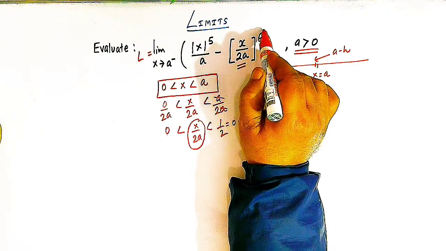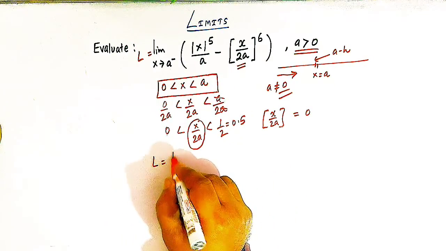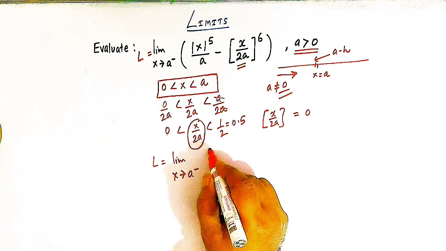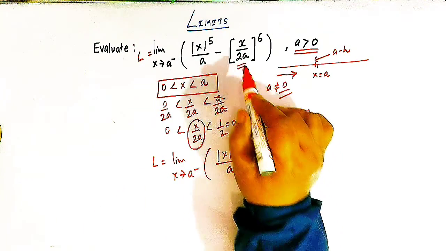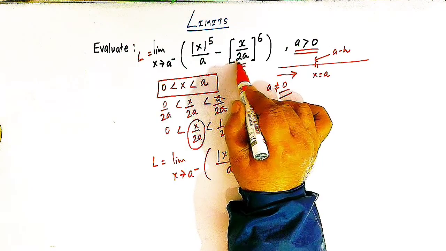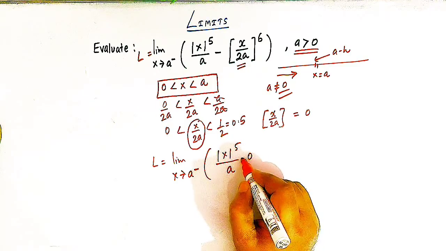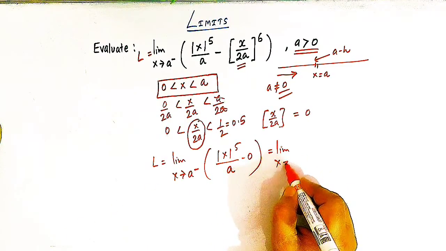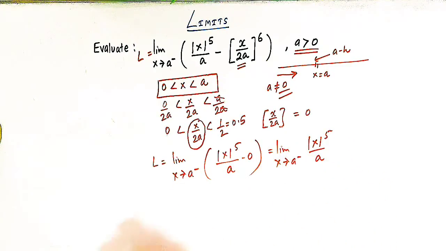So now we can write the limit as x tends to a minus of mod of x raised to 5 over a, and this quantity is equal to 0 because the greatest integer of x over 2a is 0. So now we are left with the limit as x tends to a minus of mod of x raised to 5 over a.